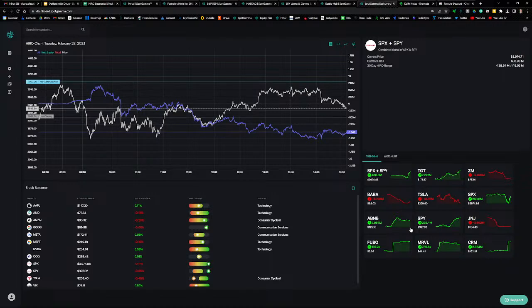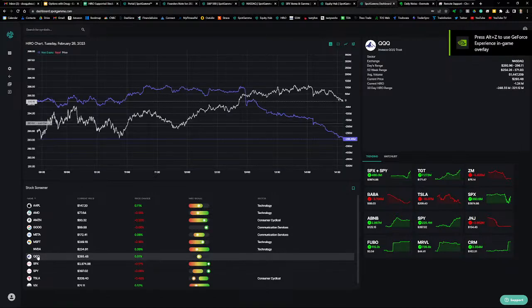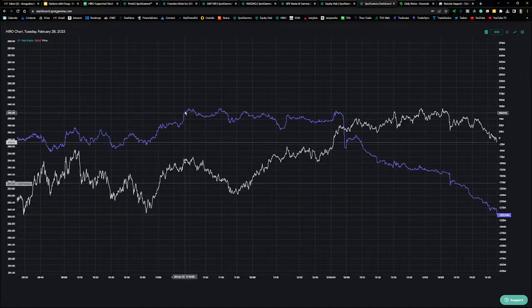Keep an eye on the S&P 500, but the primary stocks that make up both those indices are the same, and those are the stocks that are shown on my watch list: Apple, Amazon, Google, Microsoft. So let's take a look at QQQ. And let's just zoom in on this.